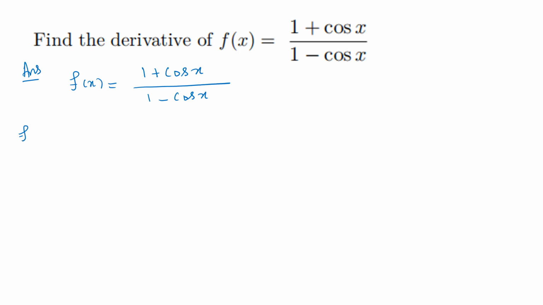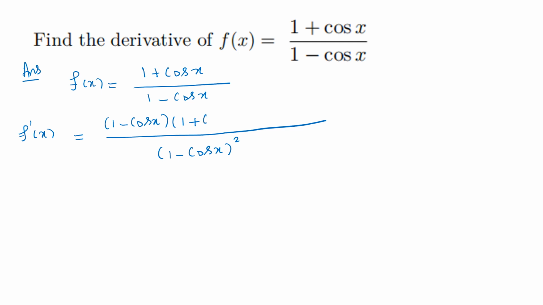So now I can use the quotient rule. f dash of x equals the denominator, 1 minus cosine x squared. And here keep the denominator 1 minus cosine x times 1 plus cosine x derivative. Then minus, keep 1 plus cosine x and the derivative of the denominator, 1 minus cosine x derivative.